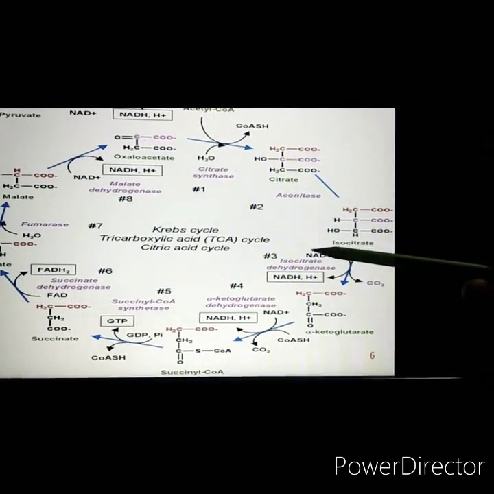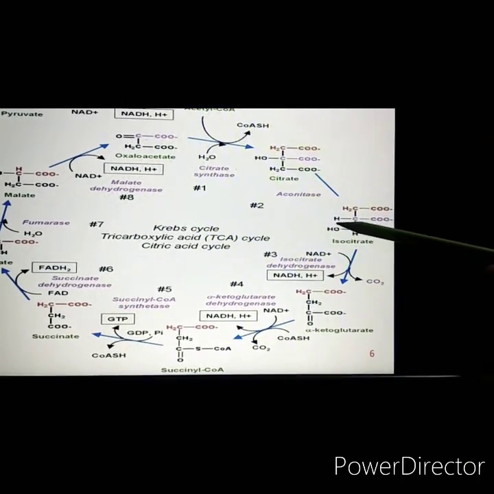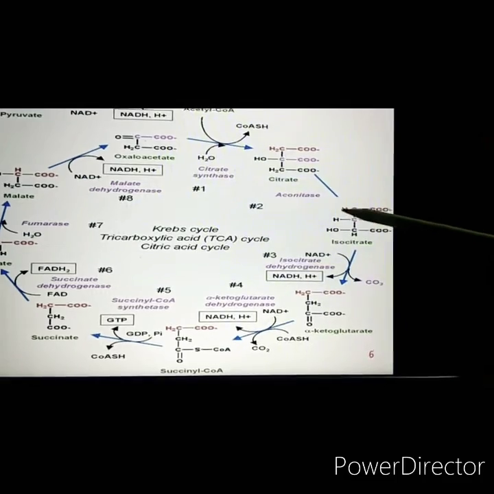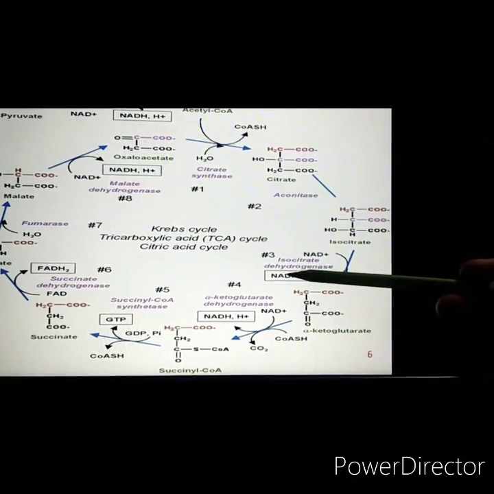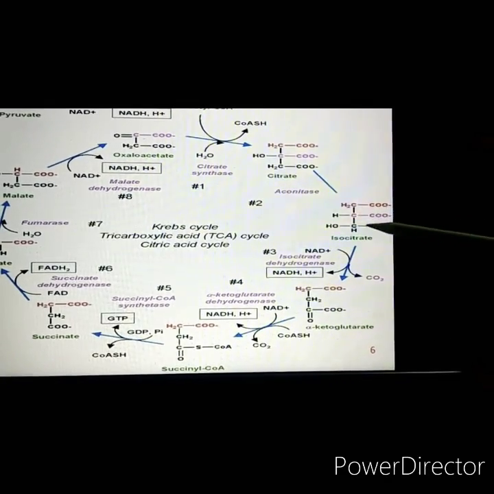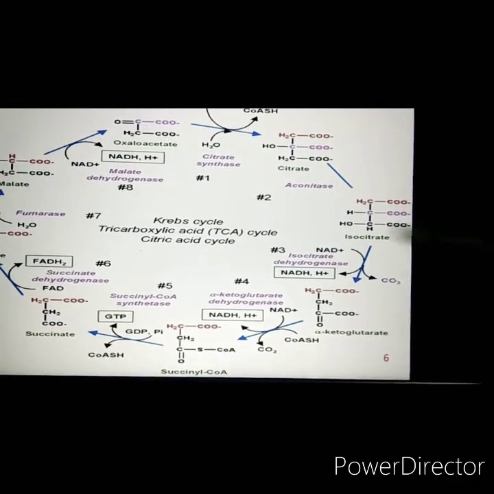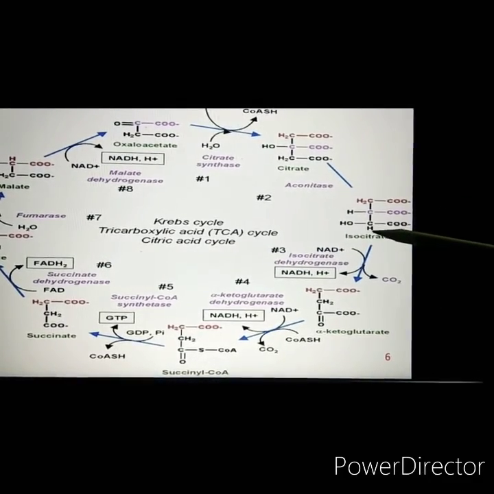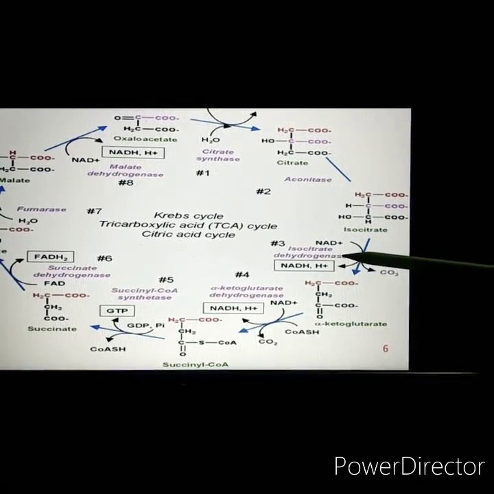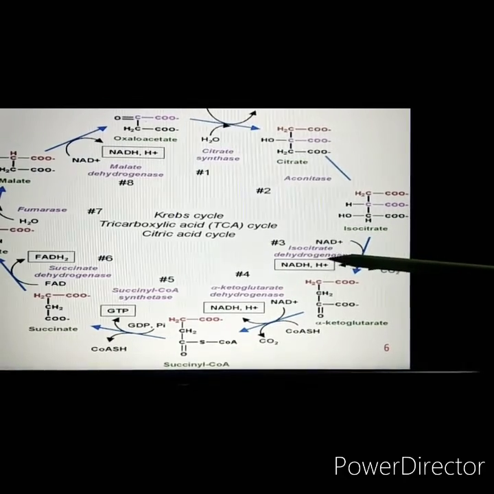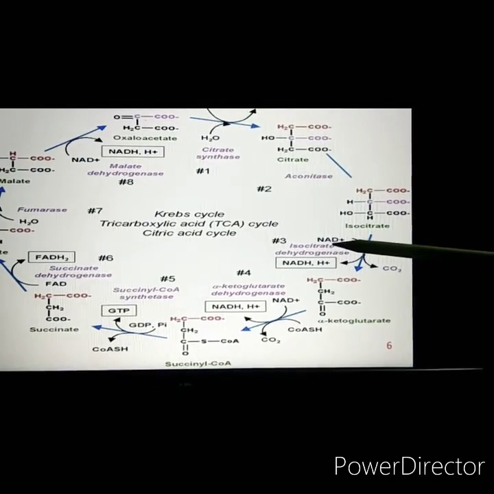So in all the cycles, NAD+ is reduced to NADH by accepting a pair of hydrogen, along with elimination of a carbon dioxide molecule to form alpha ketoglutarate. The enzyme responsible is isocitrate dehydrogenase. The name itself indicates that there is a dehydrogenation reaction taking place from the substrate isocitrate.